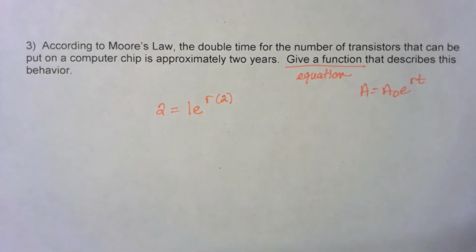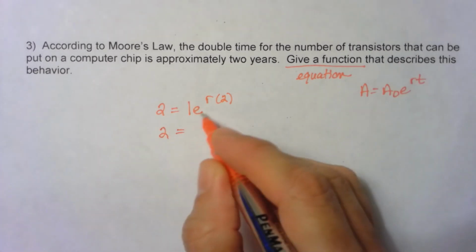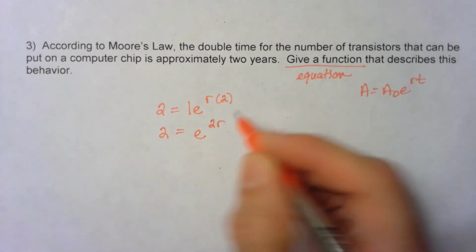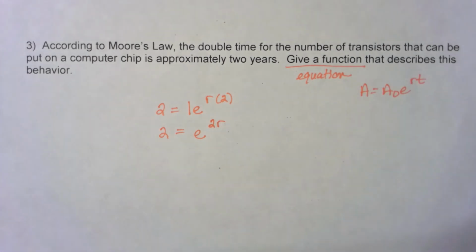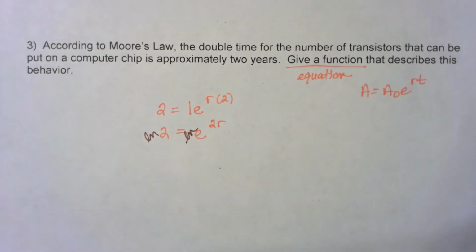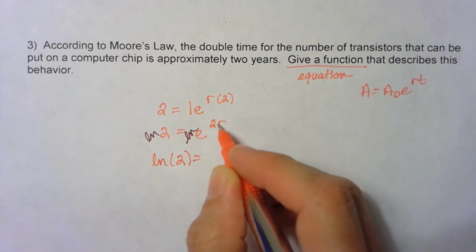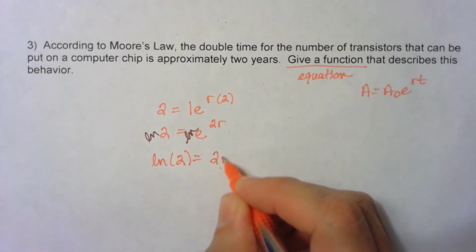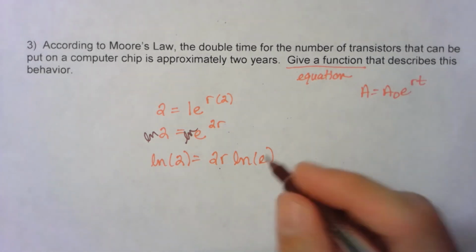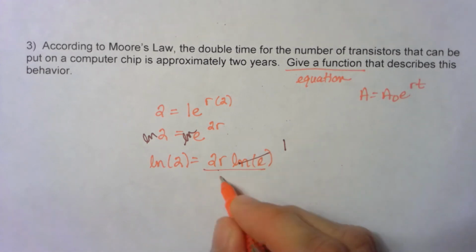Now we need to solve that. Let me make it look a little better. 2 is equal to 1 times all that, so e to the r times 2 is 2r. We can take the natural log of both sides. So we have the natural log of 2 is equal to, bring the exponent down, natural log of e is 1, divide both sides by 2.